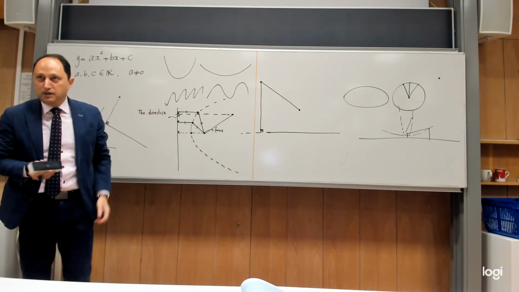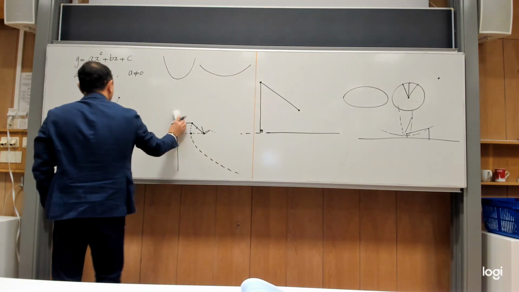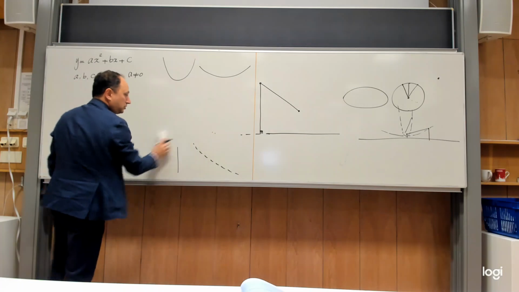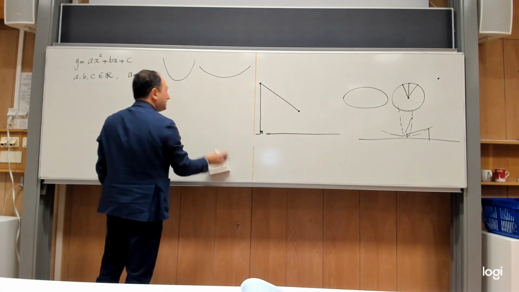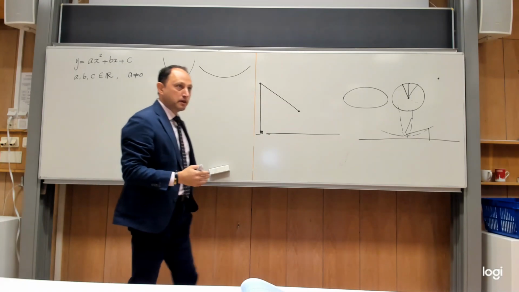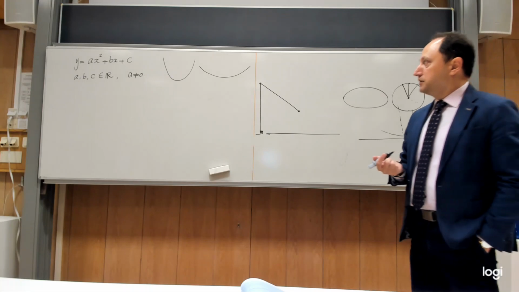So this is something that you need to discover by doing some mathematics. Here, we are always working with vertical parabolas. Vertical parabolas, I mean the parabolas that either open upwards or open downwards. Yes? And then we studied them a little bit before.